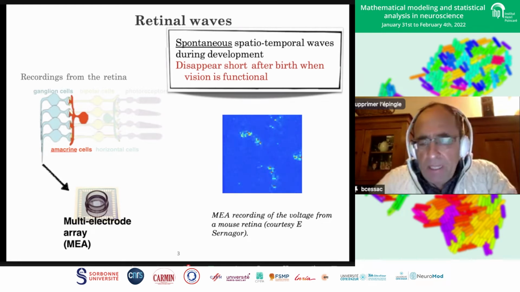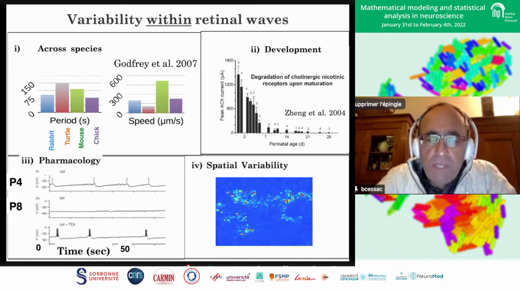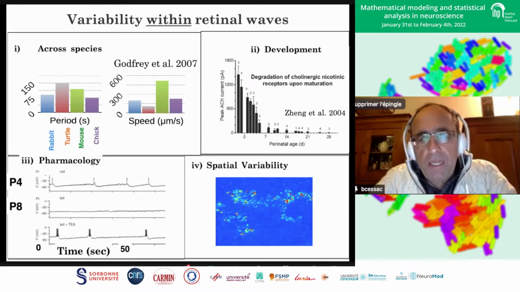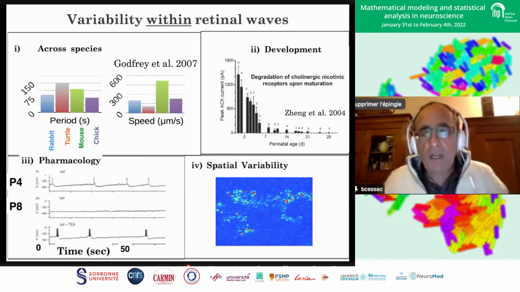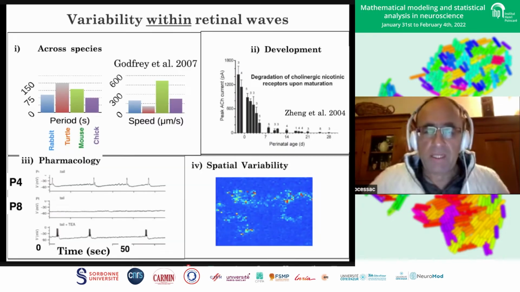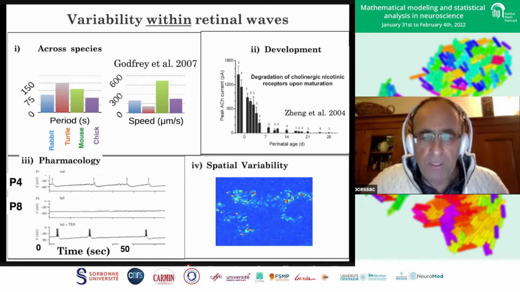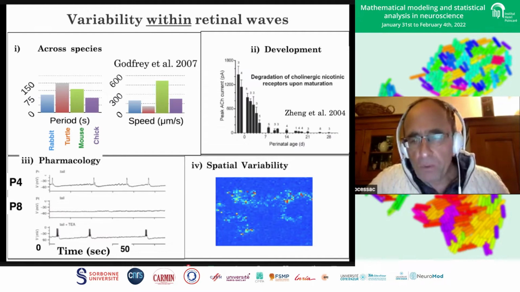These patterns are ubiquitous. They appear in many species, a bit before birth, and they disappear a bit after birth. They are known as being completely fundamental for the shaping of the visual system. They contribute to the shaping of the retina, of retinotopy, or of binocular rivalry. So they are absolutely essential, and they appear in many vertebrates.